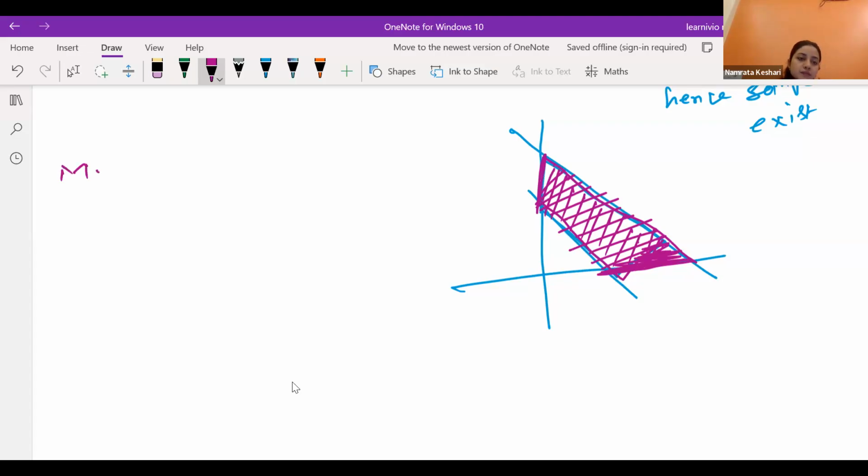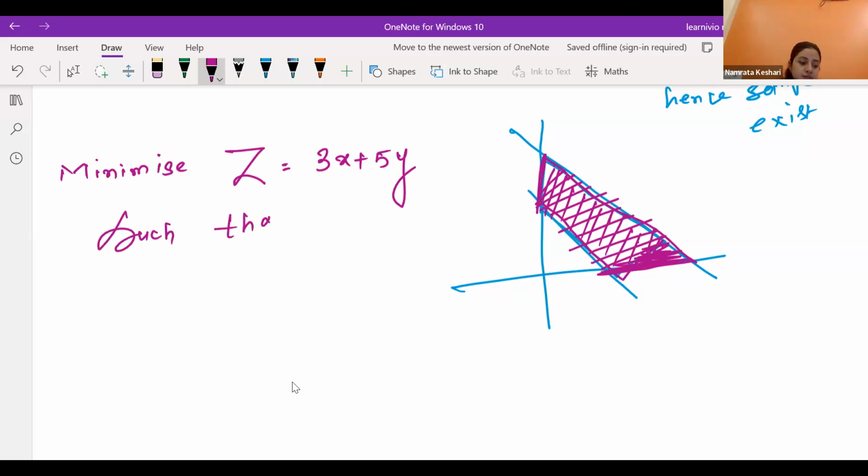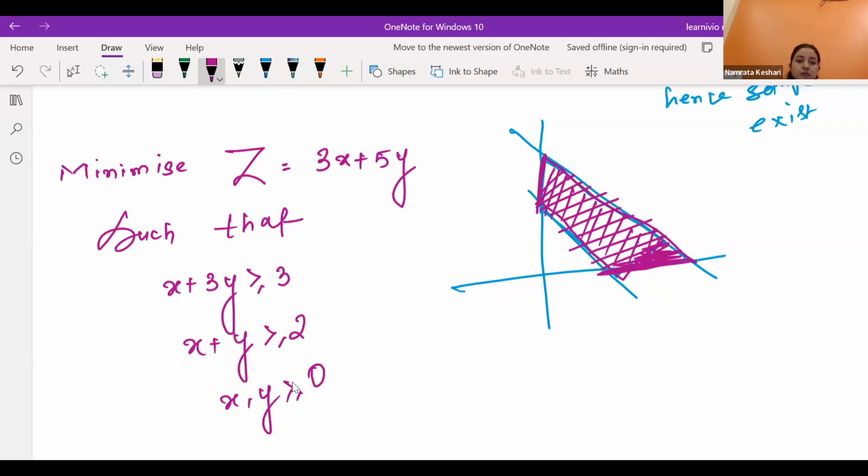Minimize z equals 3x plus 5y, such that x plus 3y greater or equals to 3, x plus y greater or equals to 2, and x, y greater or equals to 0.